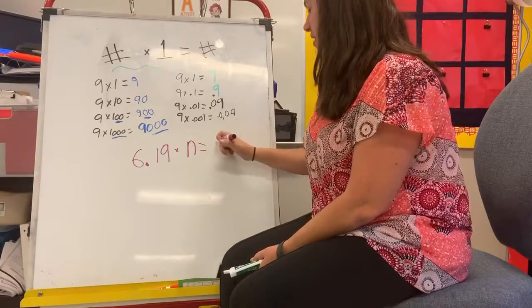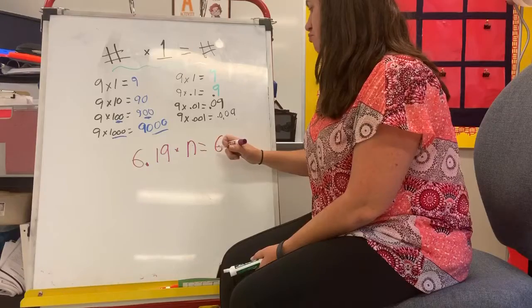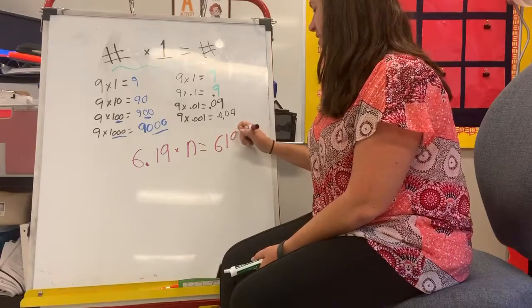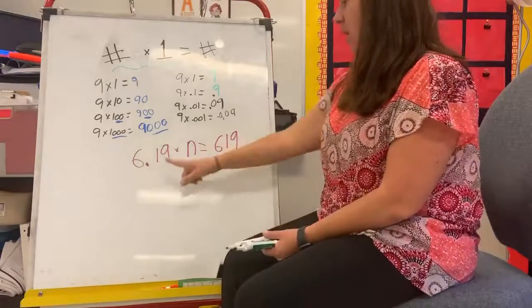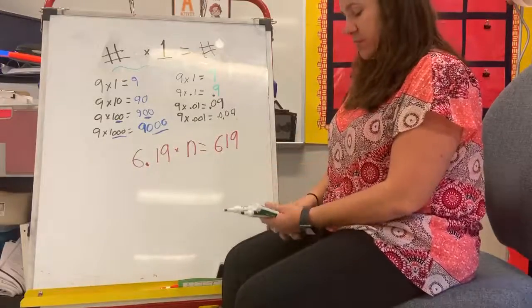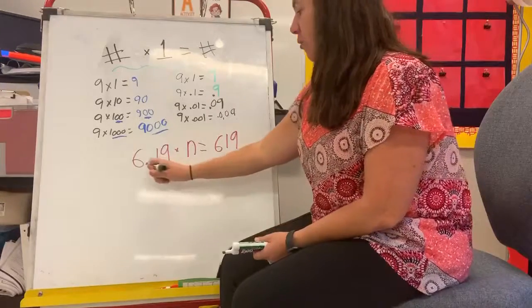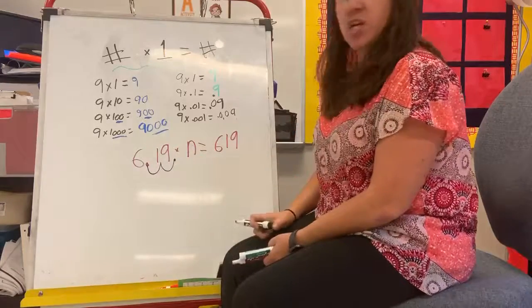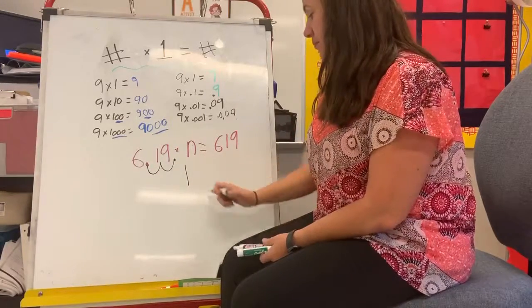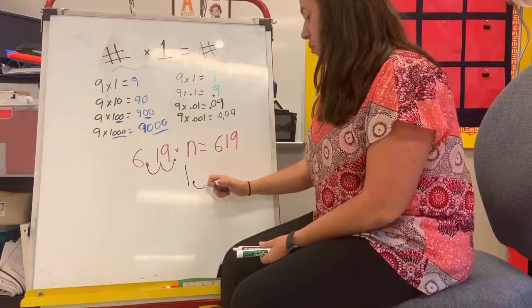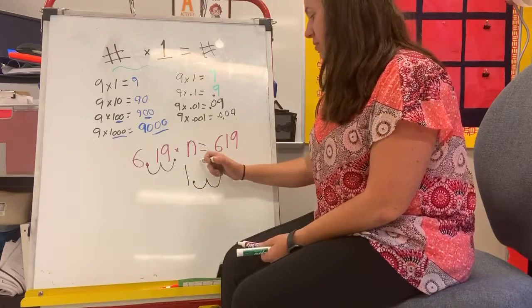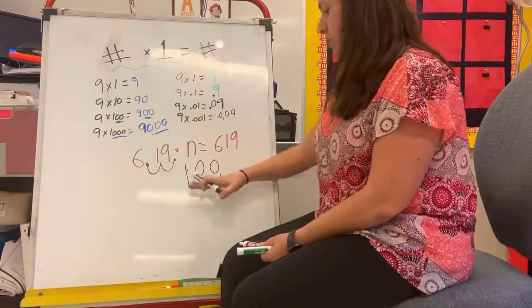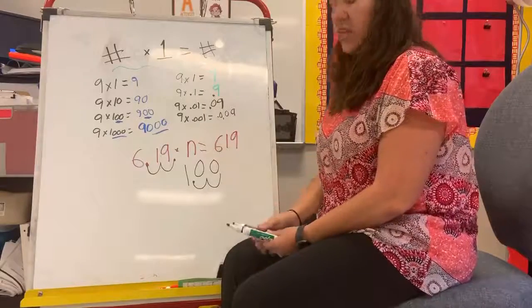And this time it's going to be 619. Well, how many times did my decimal place move? It was here, and it moved 2 times to the right. So I'm going to put my 1 down, put my decimal, move it 2 times to the right, place my holders for 100. So I know n is 100.